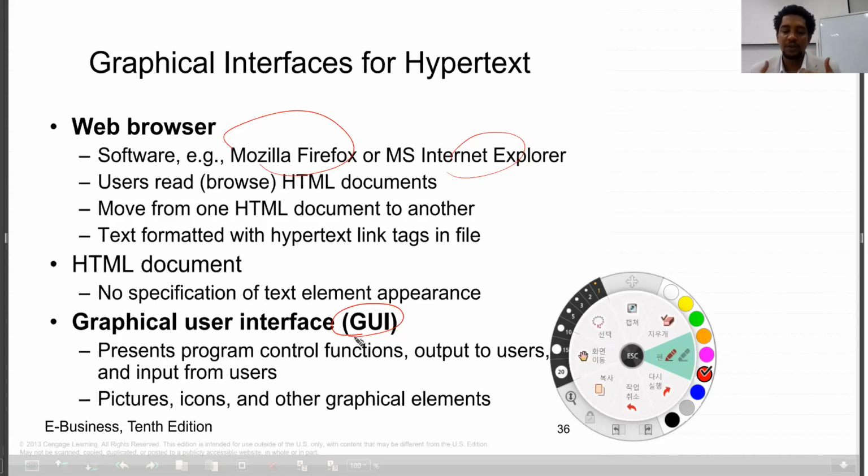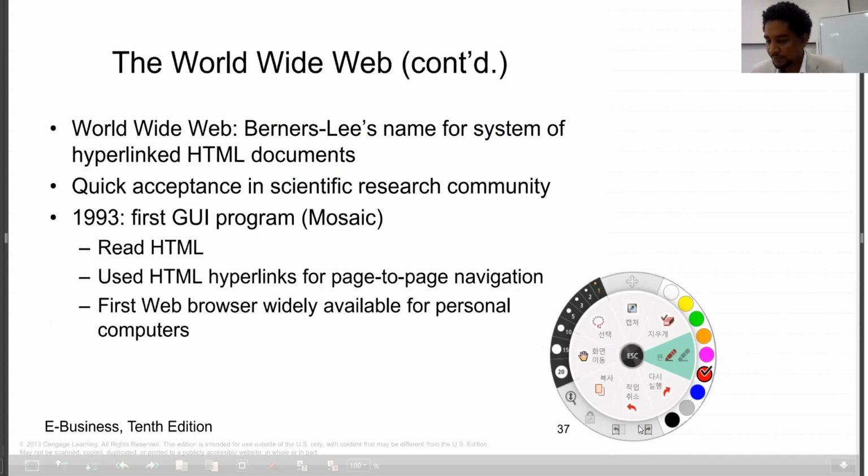You enter your username and password, then you will view your emails, right? That is called the graphic user interface, where users input some data into the website, and the website displays some information to the user.